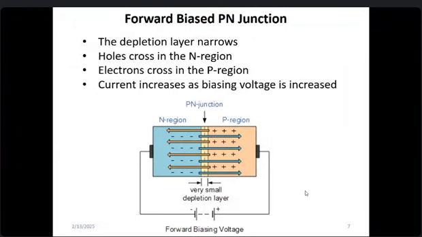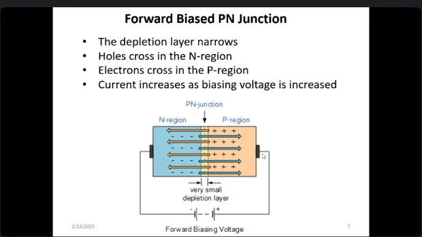When we have the PN junction forward biased, we have a very narrow depletion layer, but we still must overcome the barrier potential. So we must create sufficient biasing voltage to force charge carriers to cross the depletion layer.